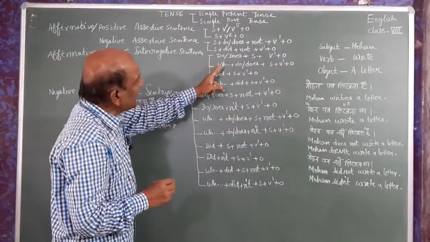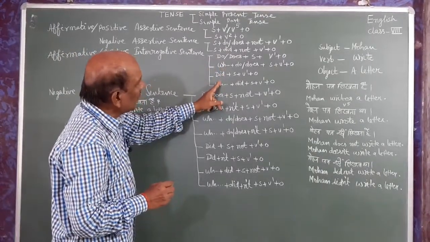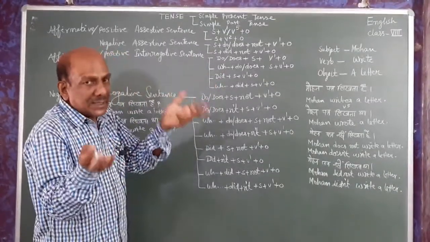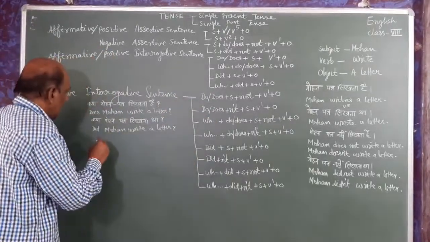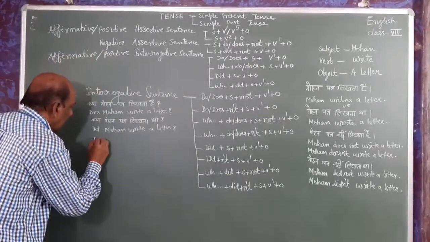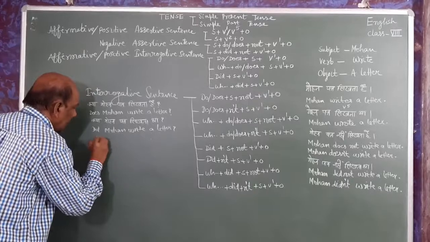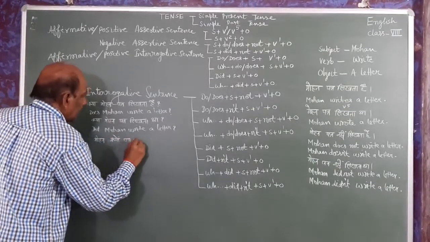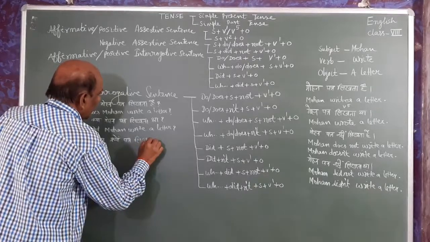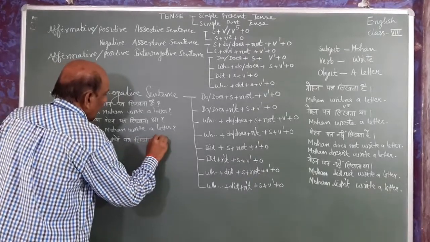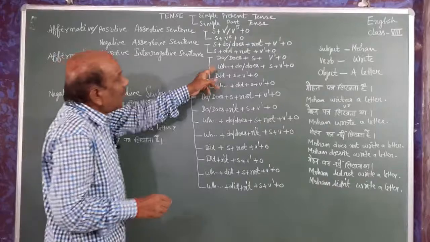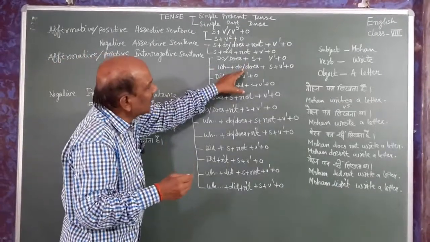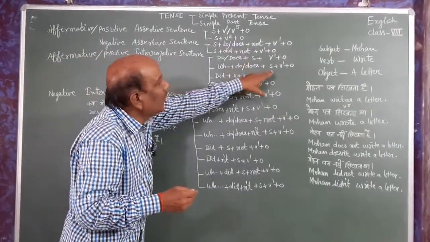See here, we see WH also. So, we will take some examples from WH. Mohan kyon patra likhta hai? And for this we have to put WH before the auxiliary and do, does before the subject.